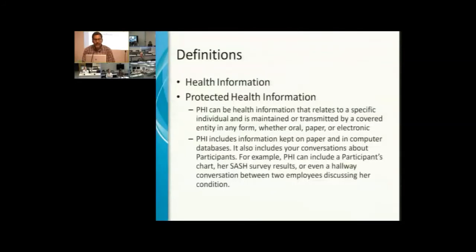So again, on the PHI, it can be very specific, it could be very general, but it's health information that relates to a specific individual, maintained or transmitted by a covered entity, us, in any form: oral, paper, electronic. So that conversation in the hallway about somebody's blood pressure being elevated this week is just as protected as the most detailed laboratory results that come out of the hospital.